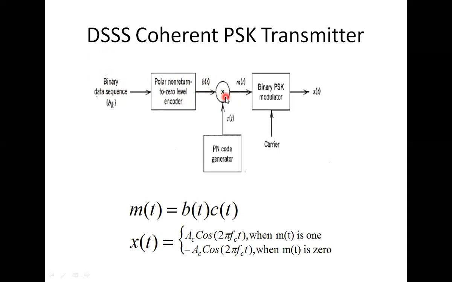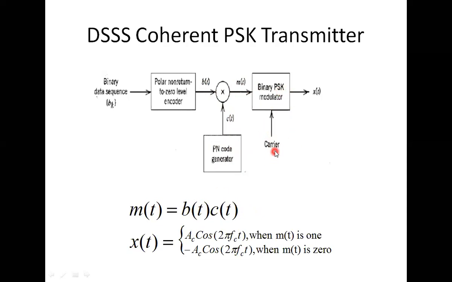And this b(t) is multiplied with a PN code, pseudo noise code, that is c(t), which is generated by a PN code generator. And when we multiply b(t) with c(t), let us name the resultant product signal as m(t). So m(t) is b(t) into c(t). This m(t) is used to modulate a sinusoidal carrier using binary PSK modulation.